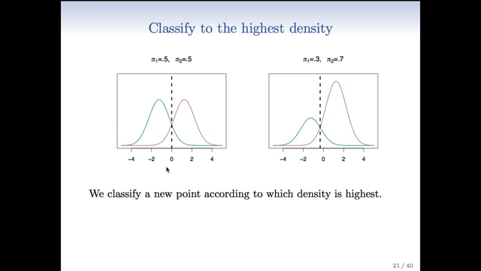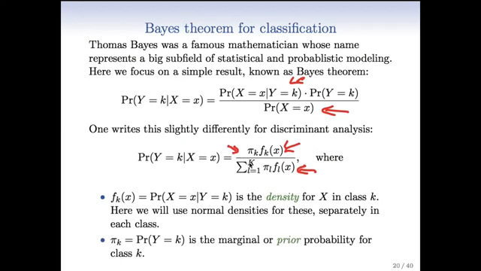In the left-hand plot, what have we got here? We've got a plot against x, a single variable x. On the vertical axis, we've got pi sub k multiplied by f sub k of x, for both classes, k equals 1 and k equals 2. Remember in the previous slide, the probability was essentially proportional to pi sub k times f sub k of x.